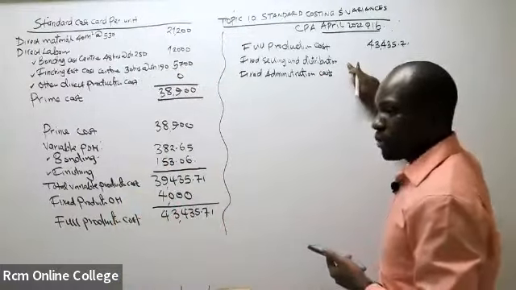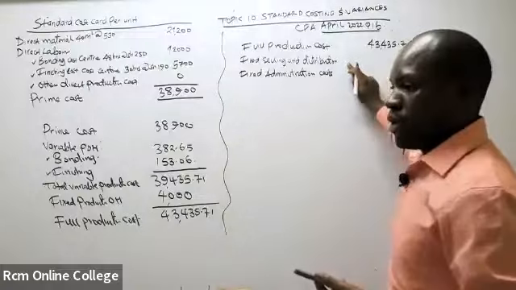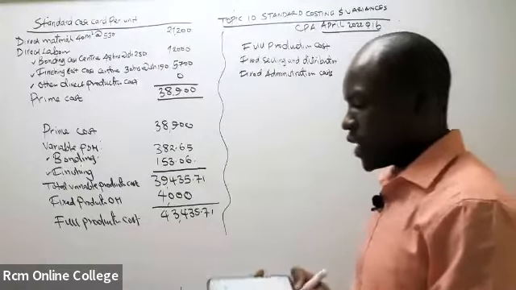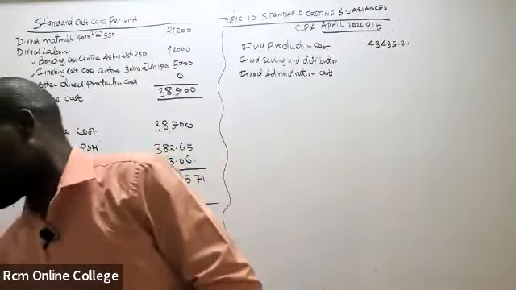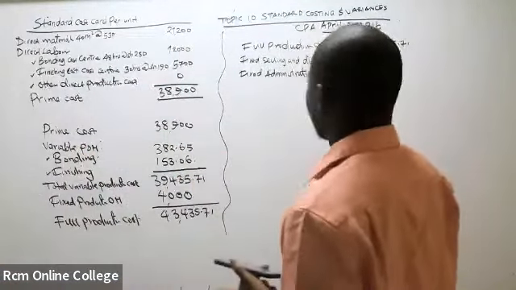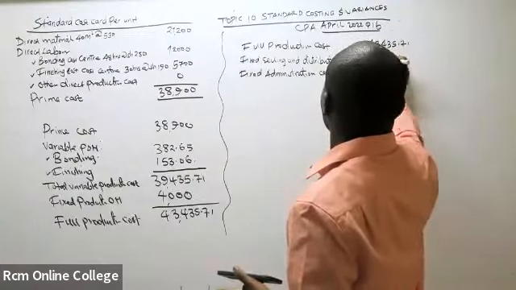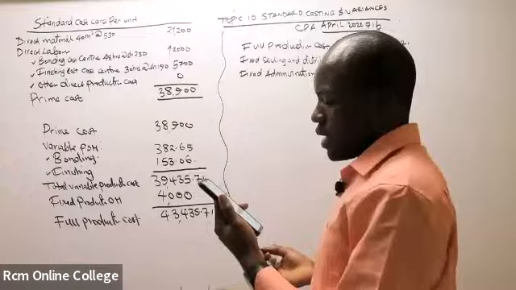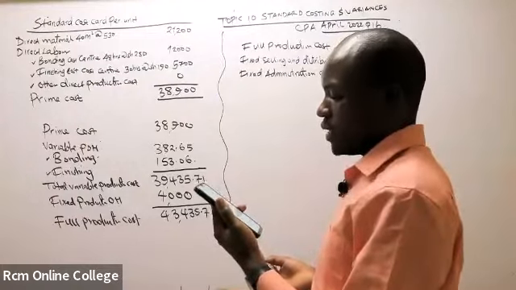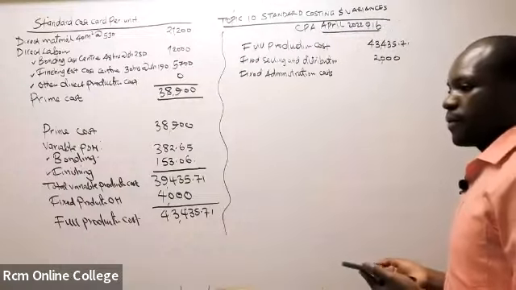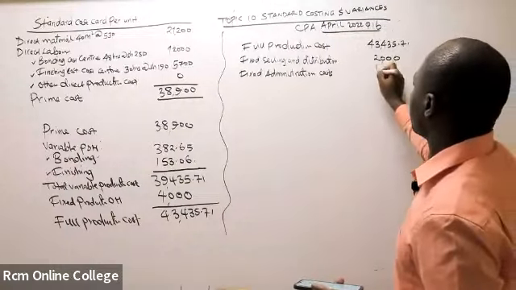Per unit itakuwa ngapi? Per unit, when you take 19,600,000 divided by 9,800, tunapata ngapi? 2,000. When we take 9,800,000 divided by 9,800, tunapata ngapi? 1,000.